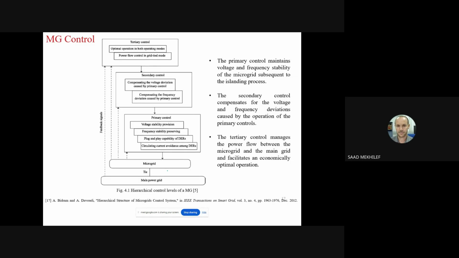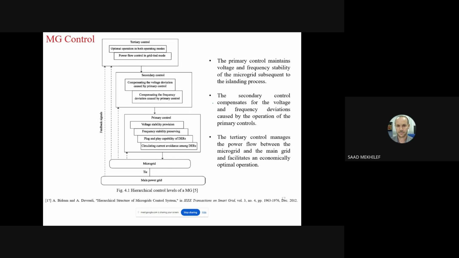In terms of the hierarchical control of the microgrid, we primarily have three levels of control: the tertiary control, the secondary control, and the primary control. Each of them communicates with the others. For example, the tertiary control looks into the optimal operation in both modes, grid connected or isolated, and power flow control.